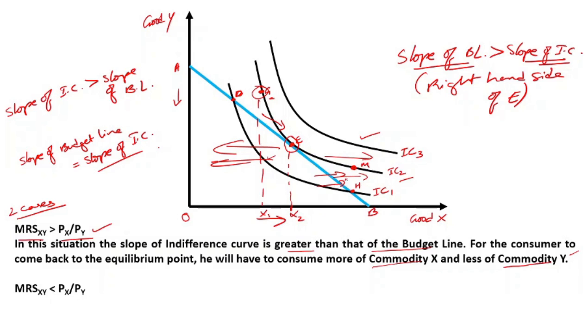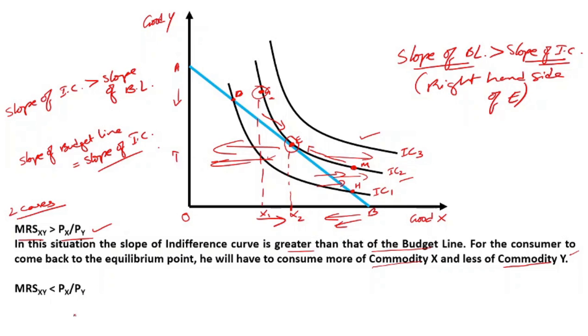Here, as you can see, the consumer is not in equilibrium. The consumer will be in equilibrium at point E, or combination E. So for the consumer to reach from M to E, obviously the consumer will have to decrease the consumption of X and increase the consumption of Y. As we move from M to E, the consumption of Y will increase.